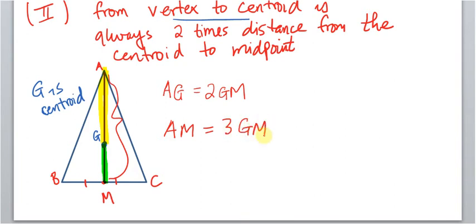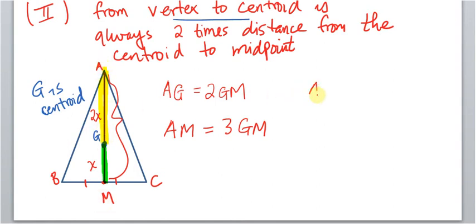Now let's think about why that is. If GM was, say, X, then AG would have to be 2X, because that's what this comparison is. So that means AM would have to be 3X, which makes it 3 times the size of GM. One more comparison would be comparing AG to AM, the medium length to the entire length.